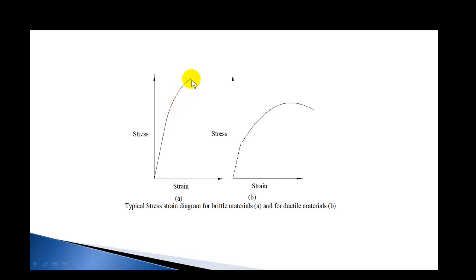There is no dropping. Whereas in ductile materials it drops, because this is a nominal stress strain curve, and the stress at the time of fracture is less than the ultimate stress. It is not the peak stress at which the material breaks, because this is based on the initial area, not the actual instantaneous area of the specimen.